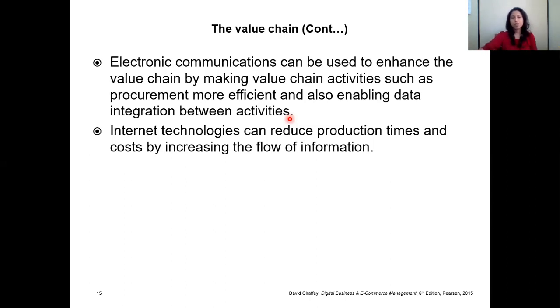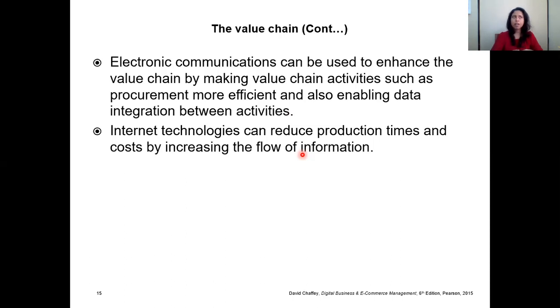So the next point says internet technologies can reduce production times and costs by increasing the flow of information. So internet technologies can help to reduce production times, one thing. Now I told you earlier also, by having good communication with the partners who are connected with your business, and also within the internal processes of your business, you can reduce production times, right?